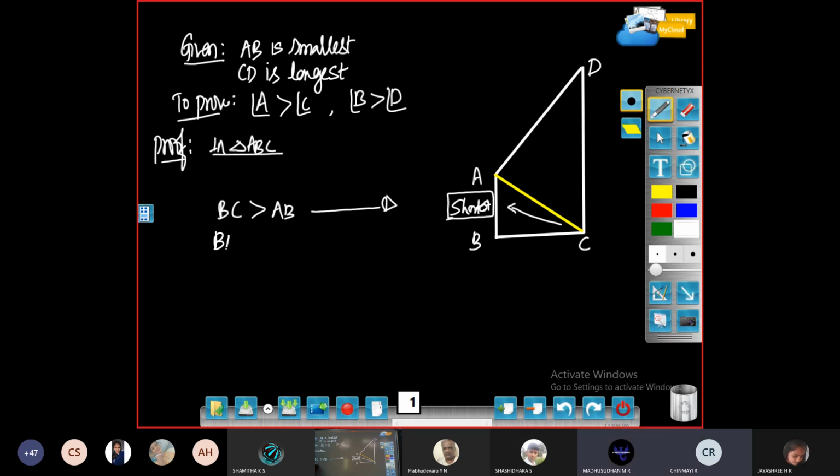Angle BAC must be greater than the angle opposite to AB, which is angle ACB. So BAC is opposite to BC, and ACB is opposite to AB. AB is shortest and BC must be longer. The angle opposite to the shortest side, ACB, must be smaller, and the angle opposite to BC, that is BAC, must be larger. So you can call this 1.